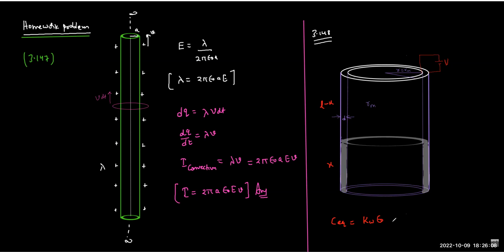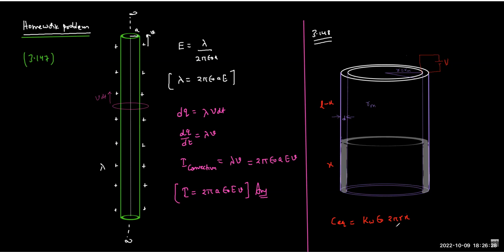You can just imagine one of the surfaces, inner or outer, of radius R. What is the curved surface area formula? It would be 2 pi R x, because height is x. So 2 pi R x. Excellent.